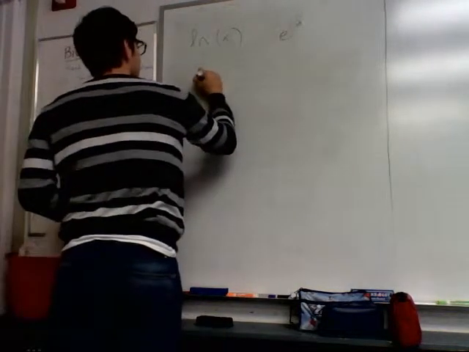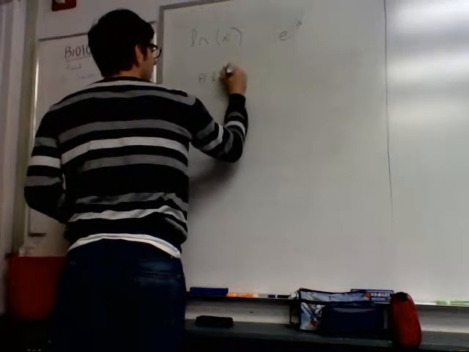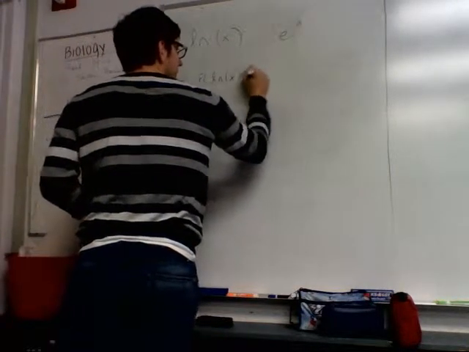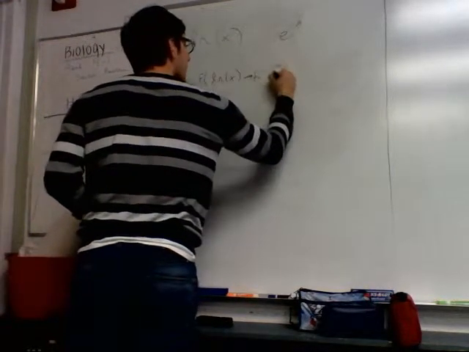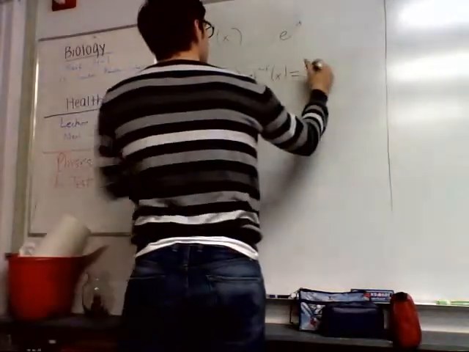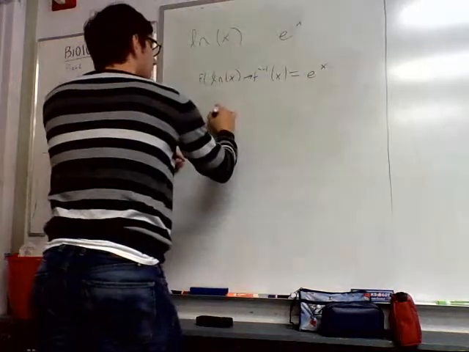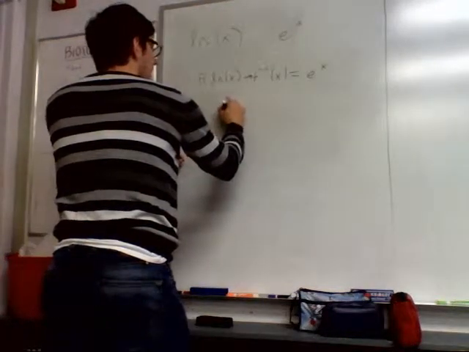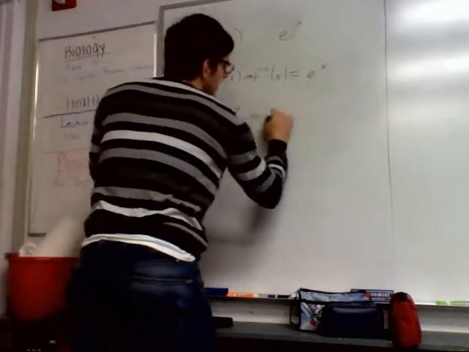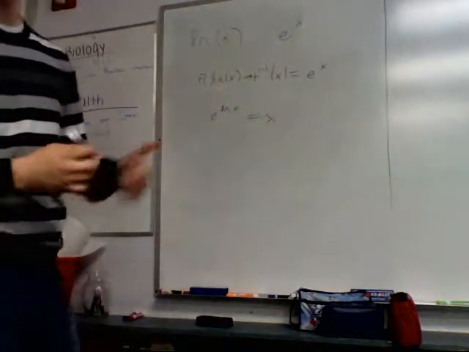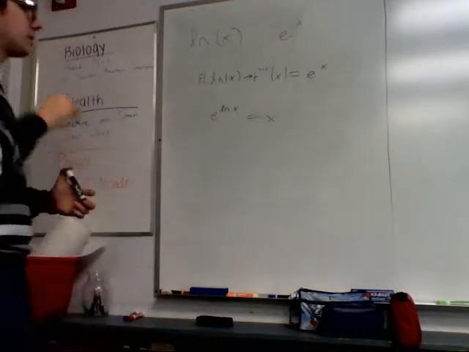So if we define f as log of x, f inverse of x is equal to e to the x, where e to the ln of x is equal to x. Obviously, kind of going with last week's lecture.